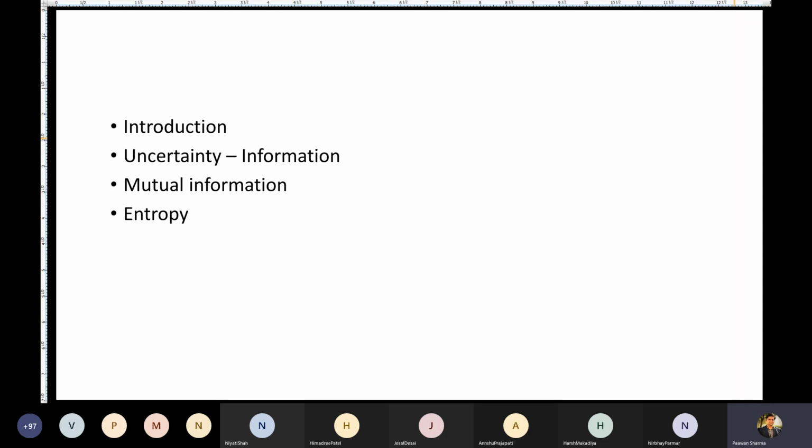Okay, so the session and the upcoming lectures are arranged in this fashion, with a brief introduction to information theory, the relationship between uncertainty and information, mutual information, and entropy.